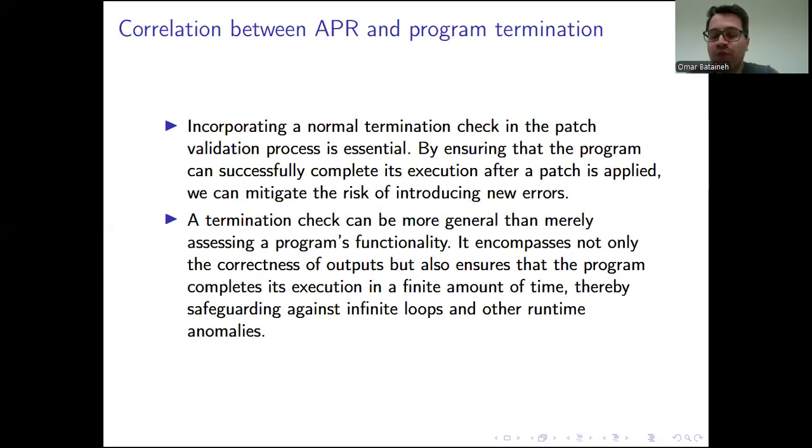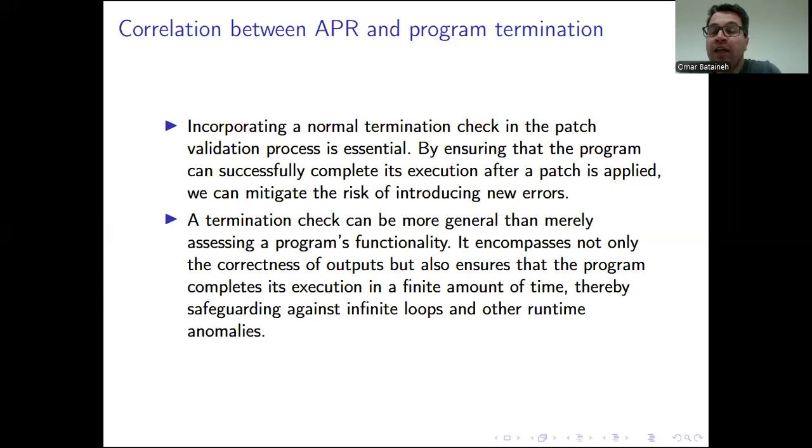What is the correlation between APR and program termination? Actually, the correlation is very strong, and these two problems are very related. In the sense that we can transform automated program repair into a termination problem by ensuring that the program can successfully complete its execution.